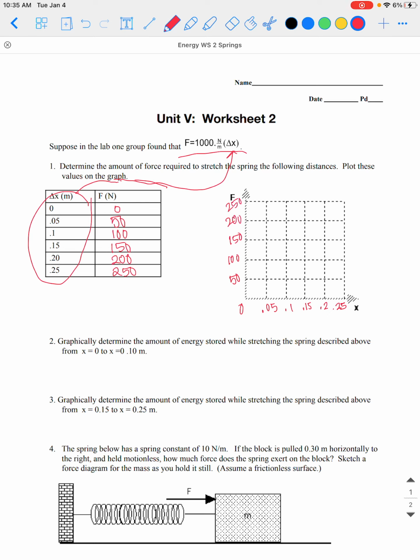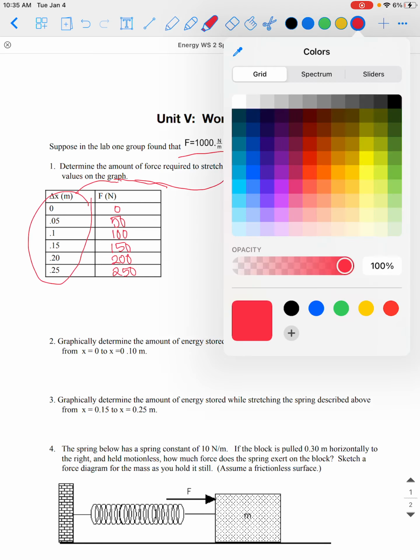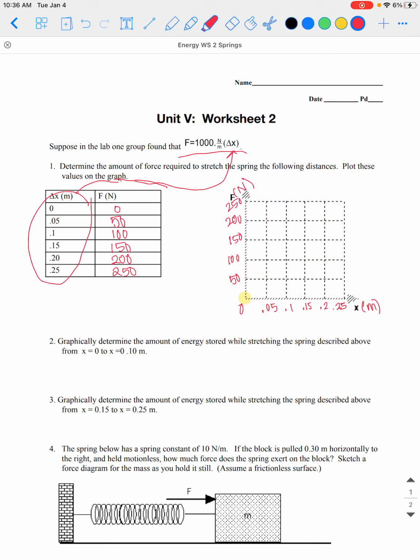Of course, you want to make sure to label this as the force in newtons, and this as the stretch in meters. Now you want to plot your points, and then make a nice straight line out of that.